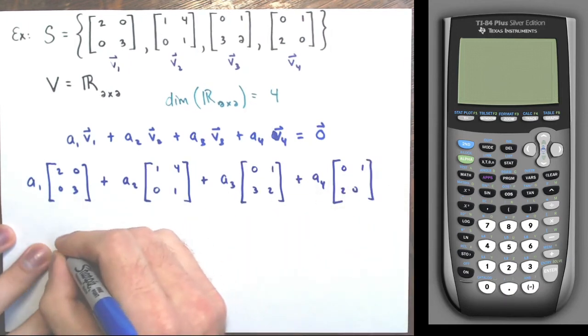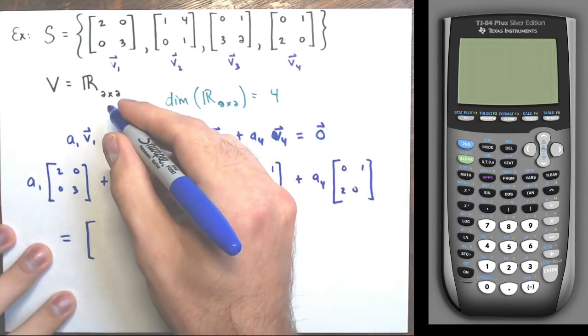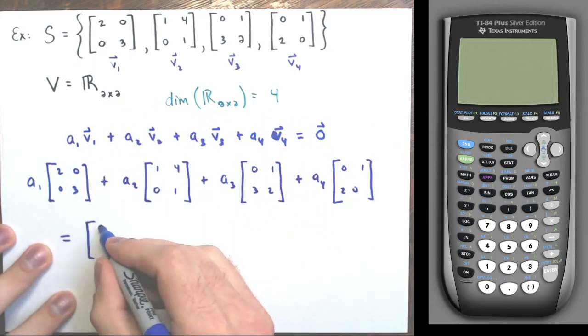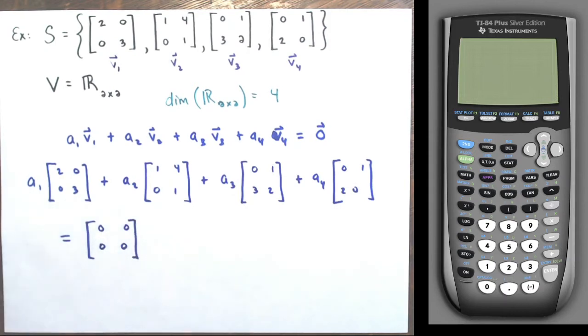And when is that equal to the 0 vector? Again, the 0 vector in this 2 by 2 matrix vector space is the 0 matrix, with 4 zeros. Nothing was mentioned about how vector addition or scalar multiplication are defined, so we're going to assume the standard operations, the way you normally add matrices and multiply them by scalars.